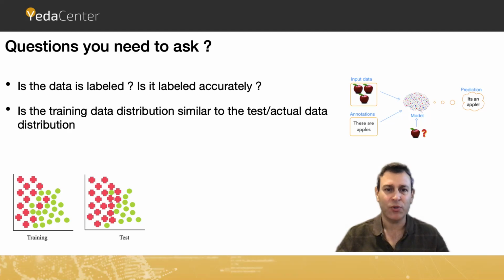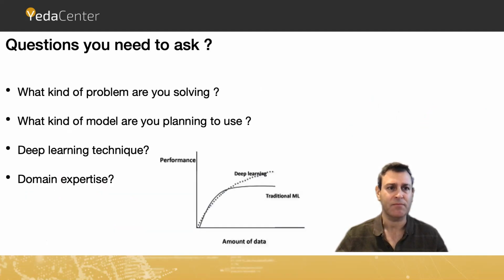So you need to take the data from a population or distribution that really represents the real world or the problem that you need to solve. And this is really important. So don't reduce the data in order to avoid this problem.